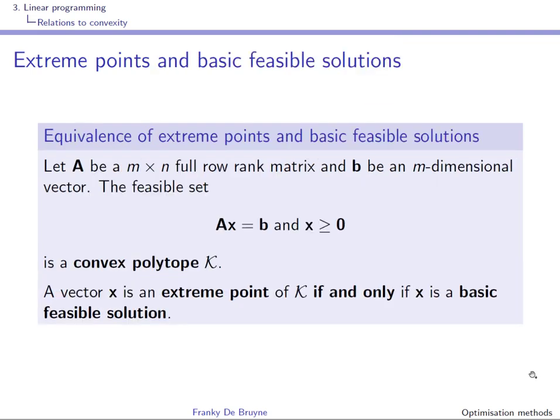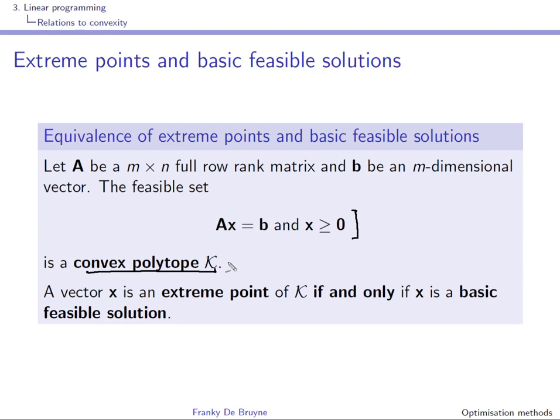Here we can link the notion of a basic feasible solution and an extreme point. Remember that in our linear program we have a feasible set that can be expressed as the solution of a matrix equation with elements in x that are all non-negative, and we had said that this feasible set is a convex polytope.